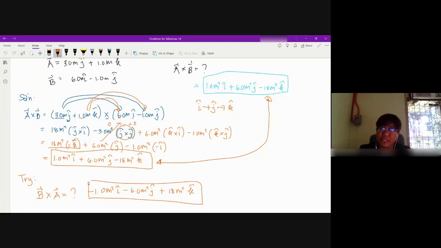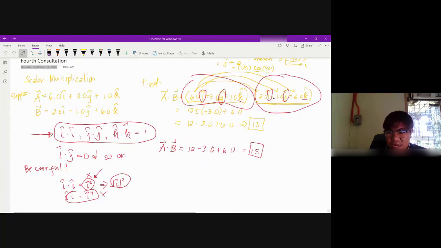In physics, we always encounter the vector product, and the determination of the resulting direction can be done by using the right-hand rule. Okay? You learned this in high school, right? Right-hand rule. So now, we will practice how to use the right-hand rule.